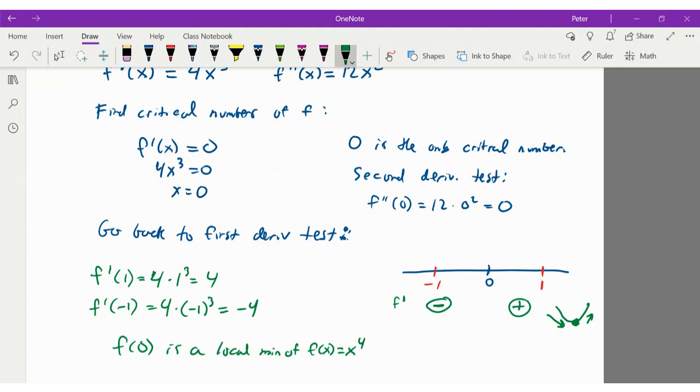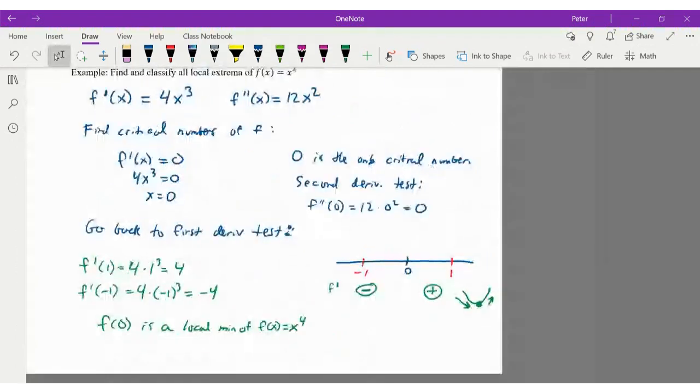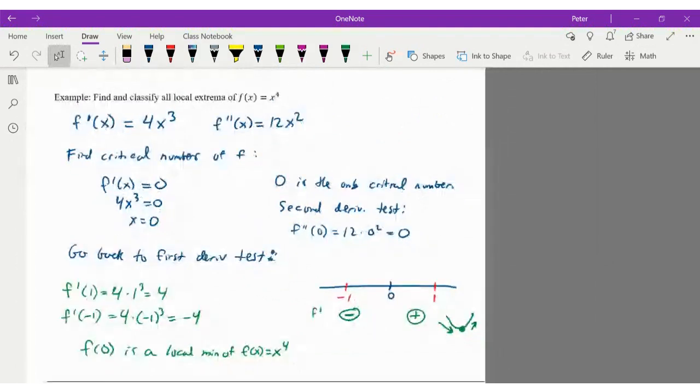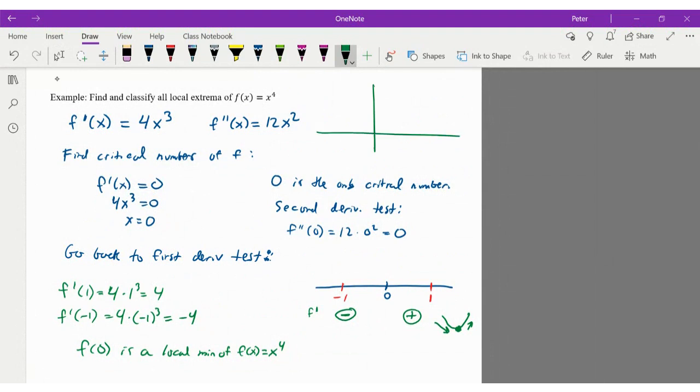Now, what's going on here? How can it be that we have a min, but the second derivative test was inconclusive? If I draw the function, it probably becomes a little more clear. y equals x to the 4th looks sort of like this.